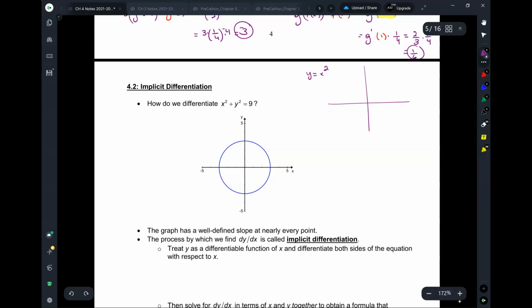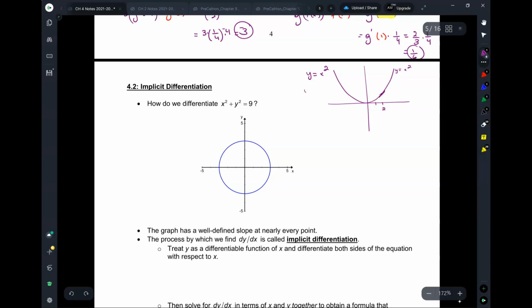Slope. So this is y equals x squared. And if I want to find the derivative at x equals 2, one way to think about that is, if this is x equals 2, then I go up and that's the point on the graph, and that's the slope over there. That's what I want to find.